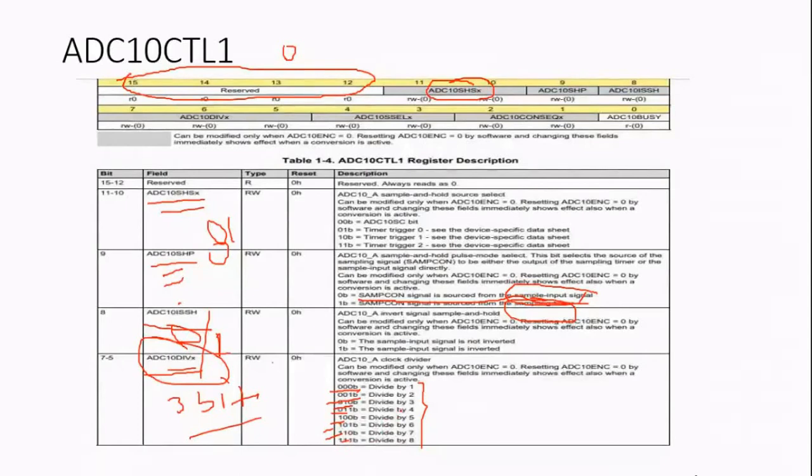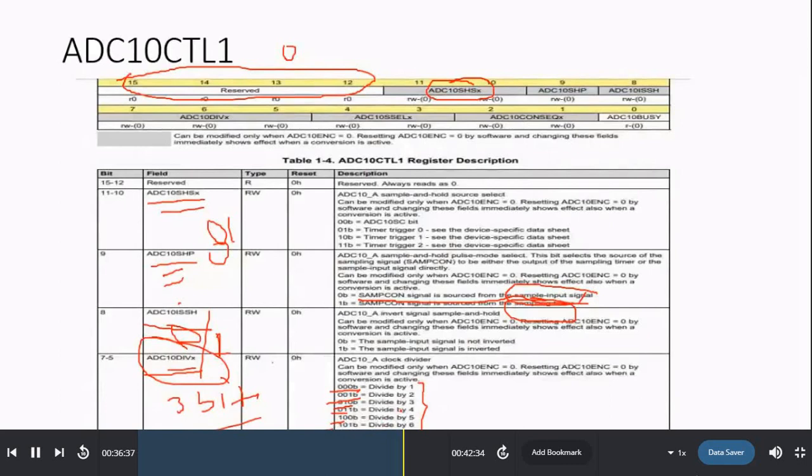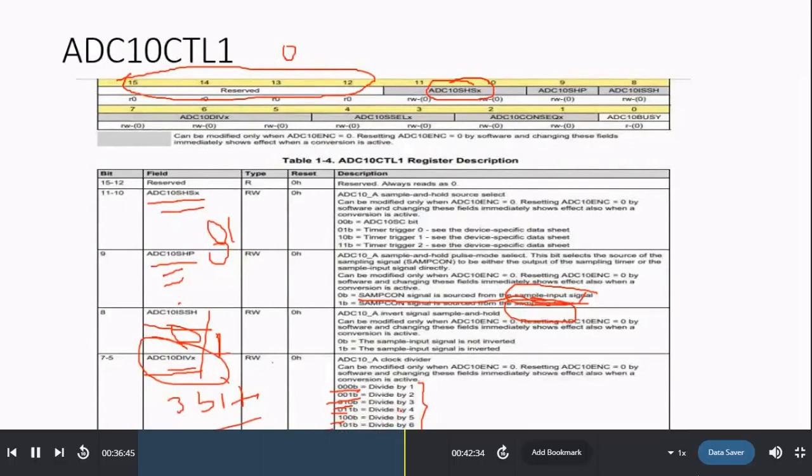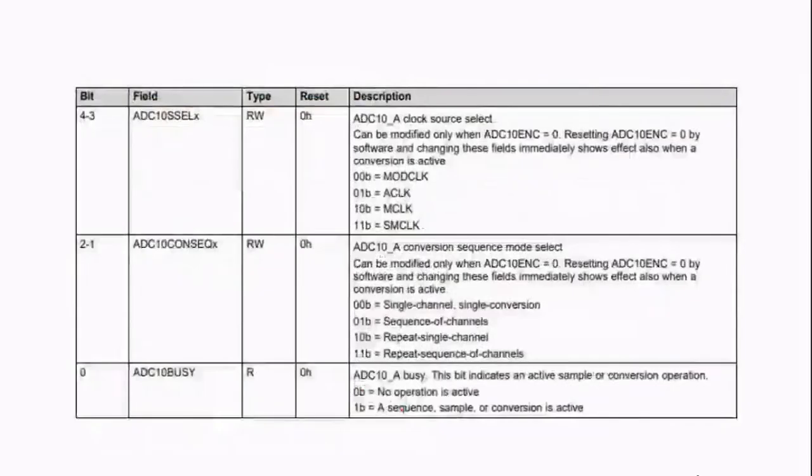In this way you can divide the clock which is selected as the clock source, either ACLK, SMCLK, MCLK, or ADC 10 OSC. After that you can see ADC 10 SSELX. This is of 2 bit.